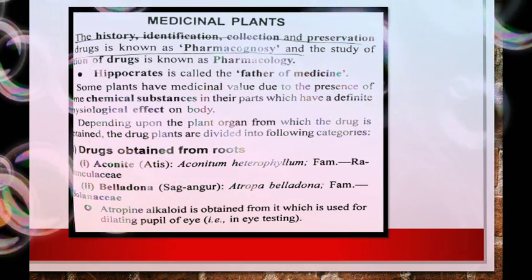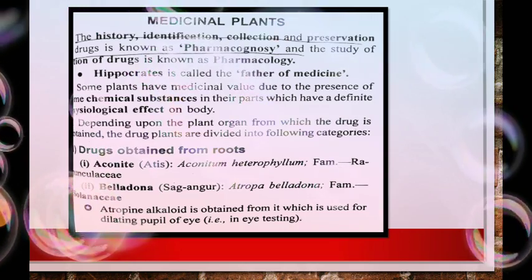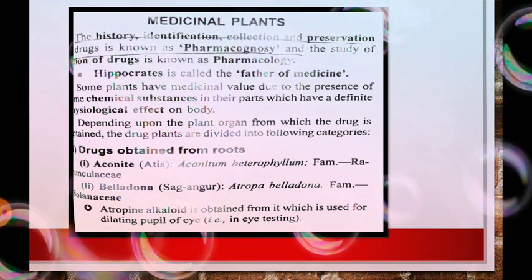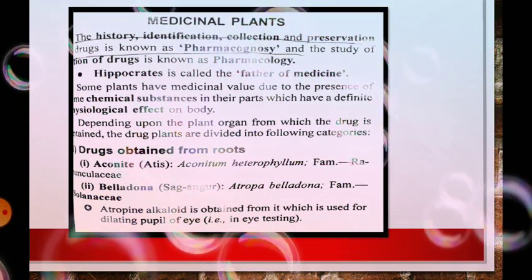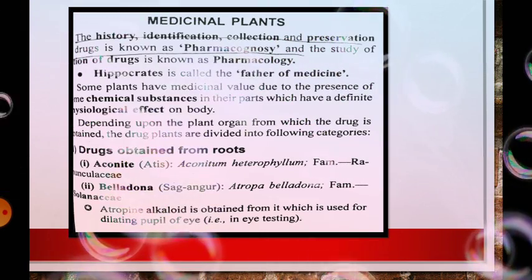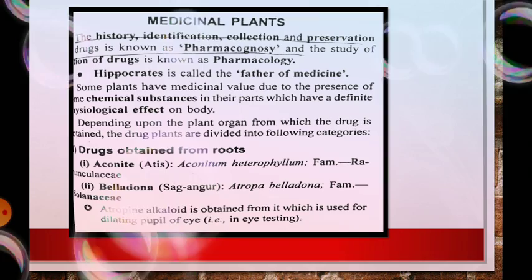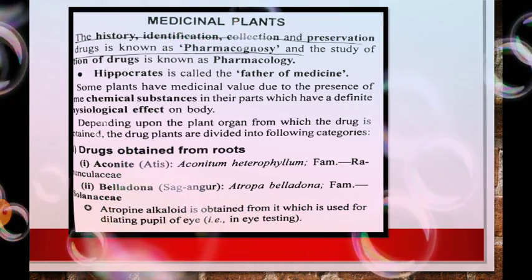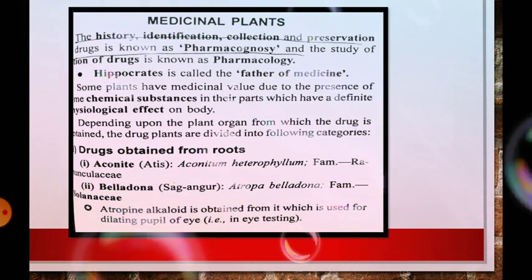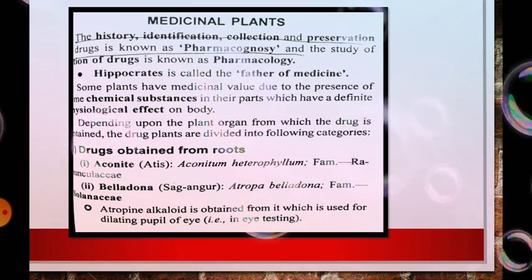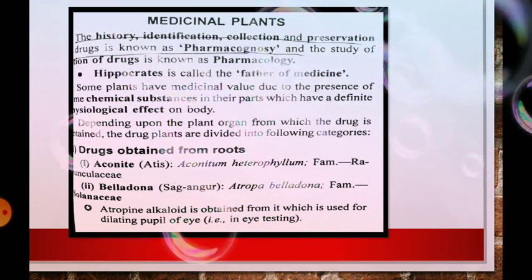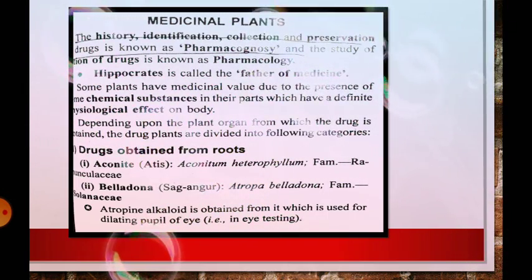First of all, the drugs obtained from the roots. Here we see the different plants from whose roots drugs are obtained. For example, aconite.